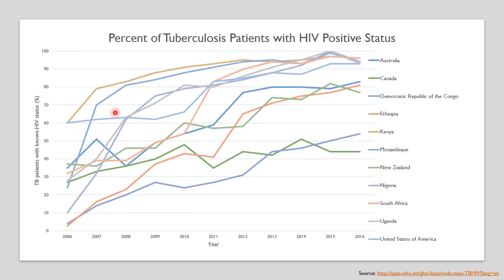It's very interesting to see that regardless of whether the country is underdeveloped or developed, over the years TB patients have been more and more likely to be HIV positive. So once again, this shows the importance of actually knowing who the people who have HIV and who are exposed to TB are, because people with HIV are very, very likely to contract TB if they're exposed to it.